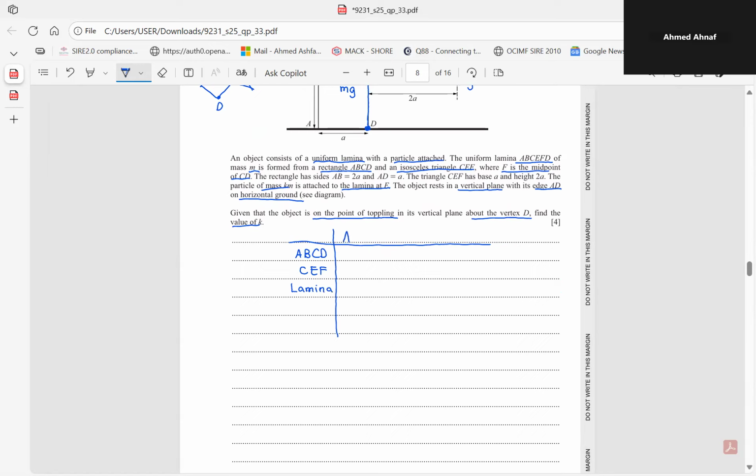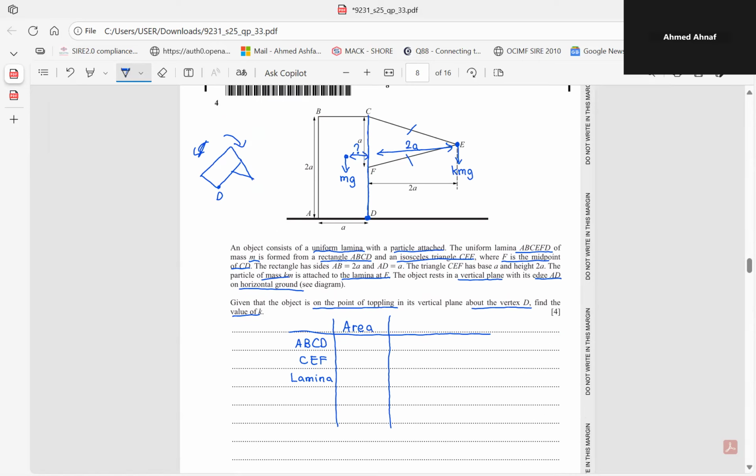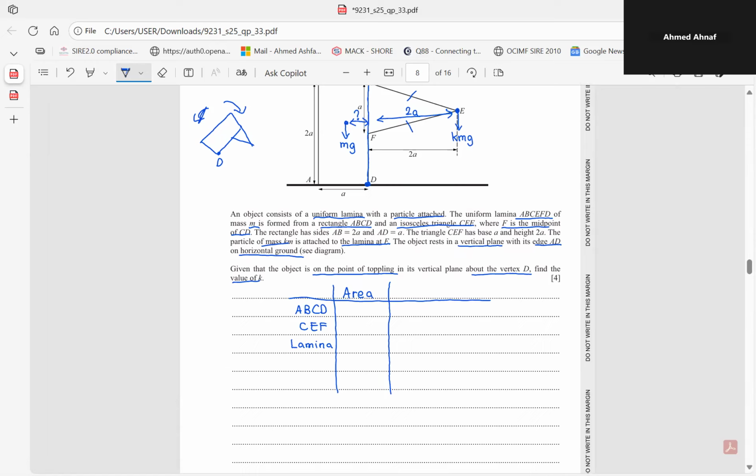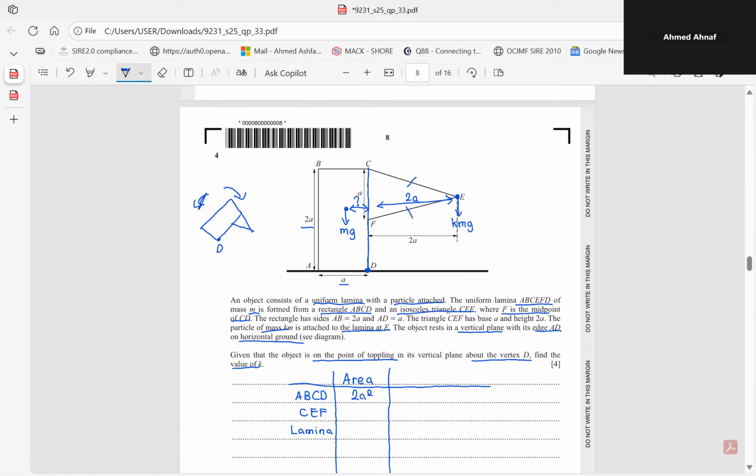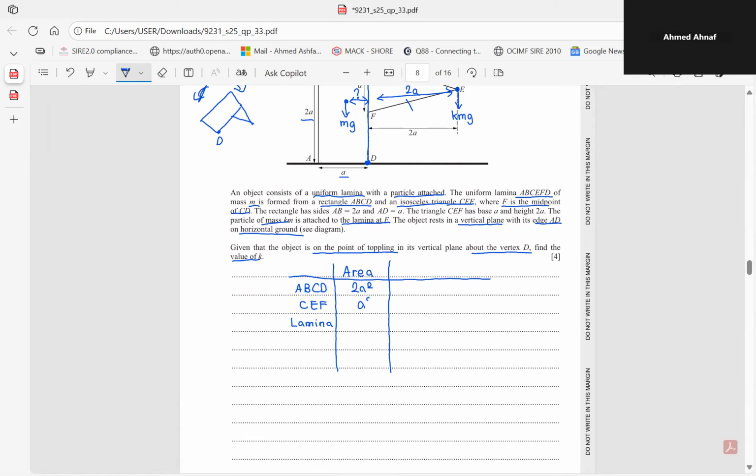First we find the area of each shape and add them up to get the area of the lamina. For ABCD, it's a rectangle, so 2a times a, which is 2a squared. For CEF, a triangle, half times base a times height 2a, so the 2s cancel and you get a squared. So the lamina is 2a squared plus a squared, which is 3a squared.